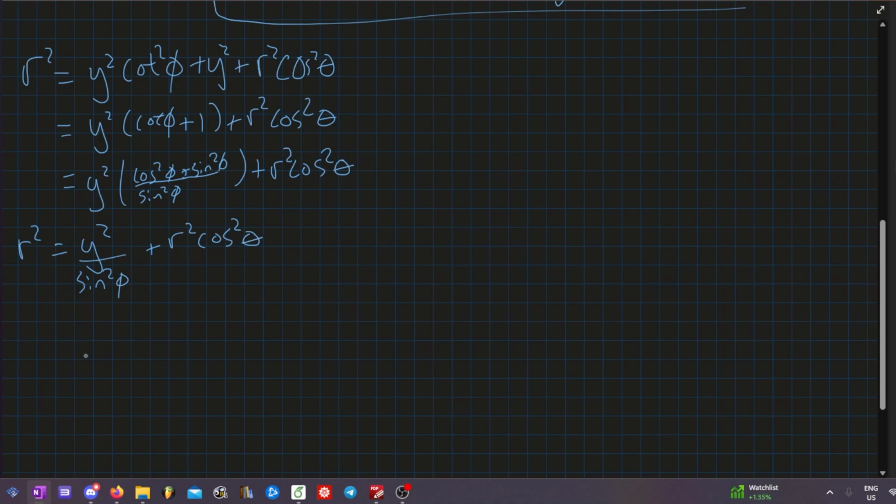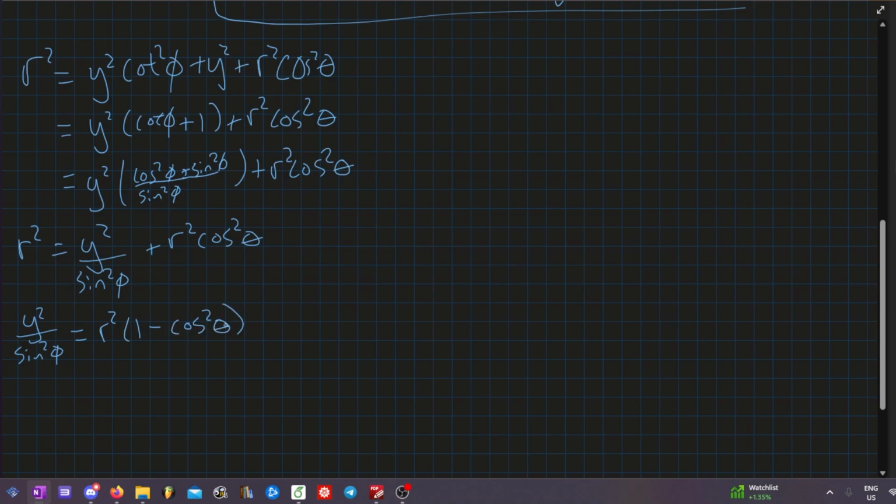Now let's group the r's together, so take this term over to the left side, or actually we can change the direction of this too just to clean things up. So let's say y squared over sine squared phi is r squared times 1 minus cos squared theta.